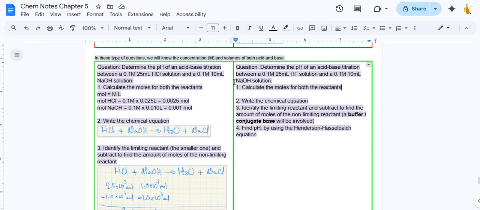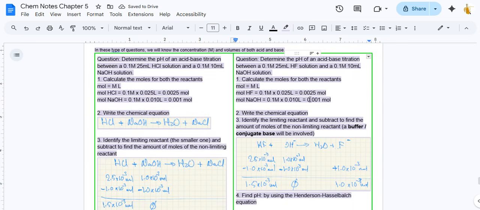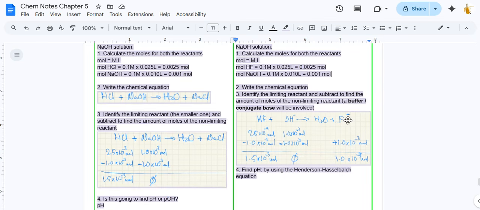You again calculate the moles for both the reactants and write the chemical equation, and then identify the limiting reactant again and subtract that from that.